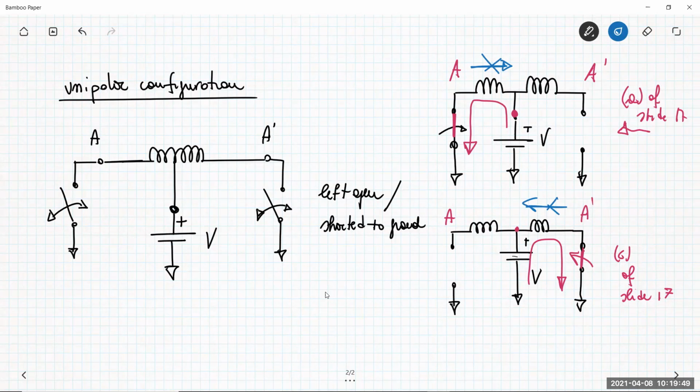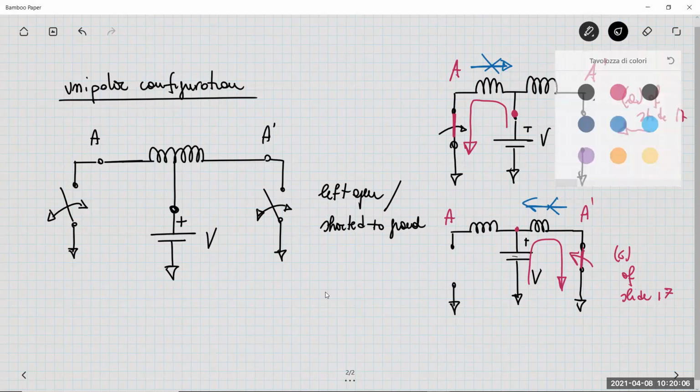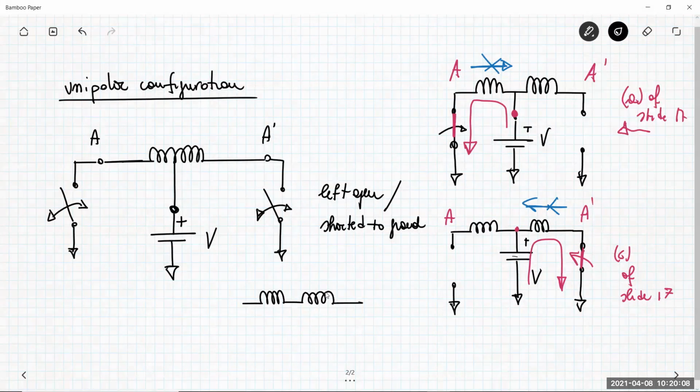There is the possibility to have both switches left open, but never are the switches closed at the same time. So there is another configuration, which is the third one, in which both switches are left open. Let me draw this third possible configuration, in which you have V connected here and then open and open.